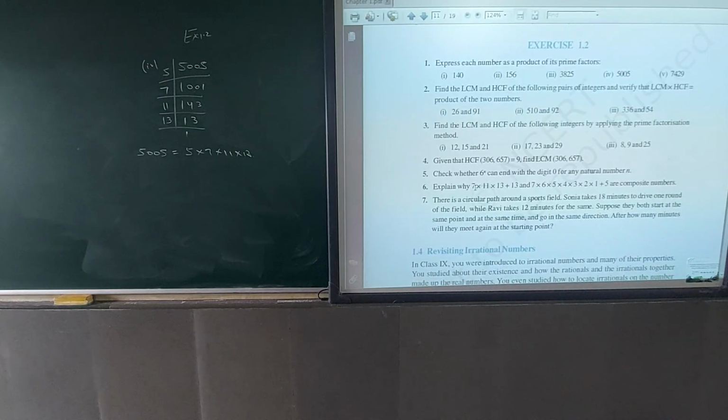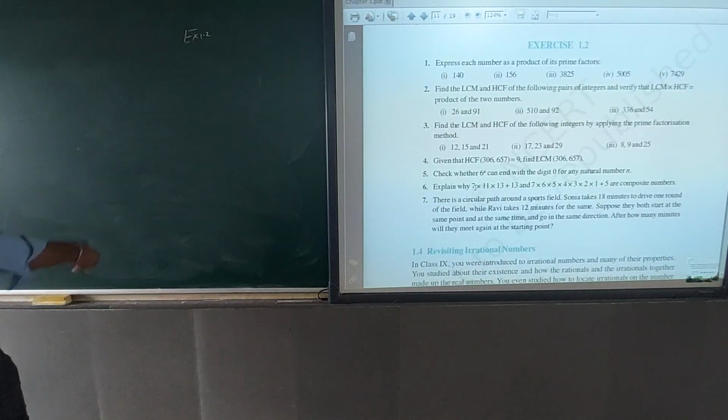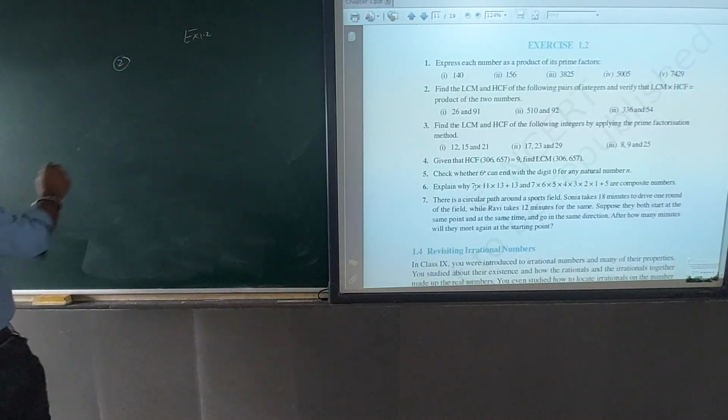Now the second question is: find the LCM and HCF of the following pair of integers and verify that LCM into HCF is equal to the product of the two numbers. A good question is there. 26 and 91.